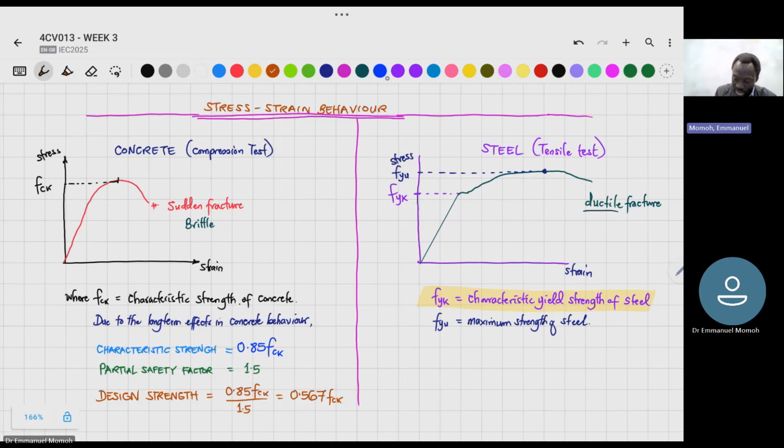fck. We do something similar for steel. The partial safety factor for steel is 1.15. So the design strength for steel is the characteristic strength of steel divided by the partial safety factor.